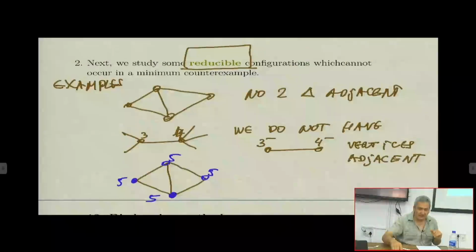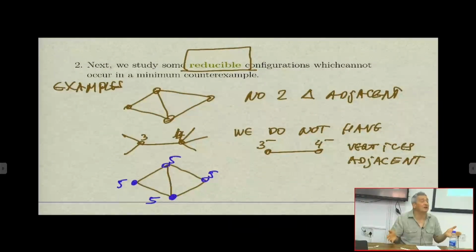So we carefully construct our rules under the condition that these reducible configurations are not in the graph.